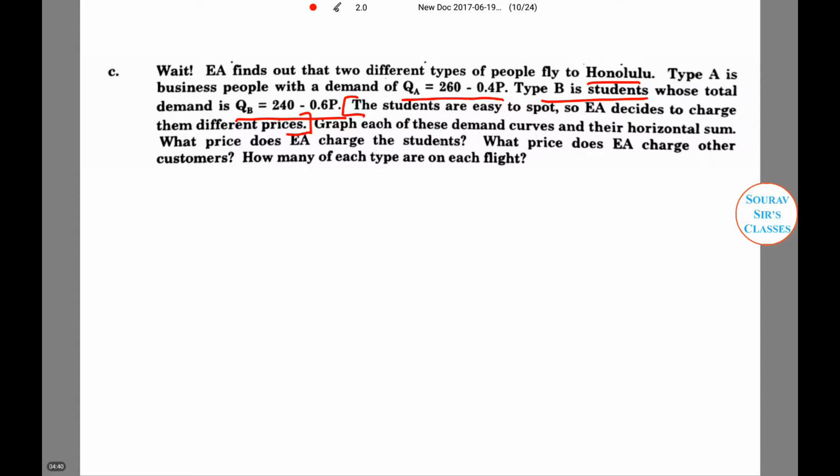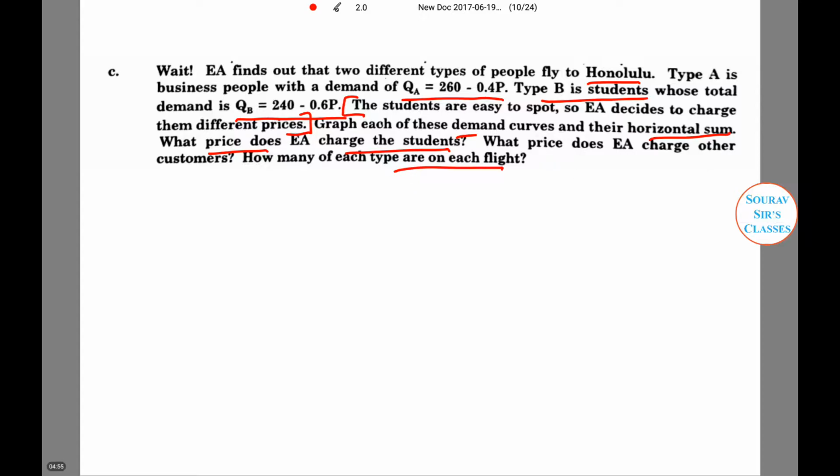We need to graph each of these demand curves and their horizontal sum and figure out what price EA will charge the students and how many of each type are on each flight.